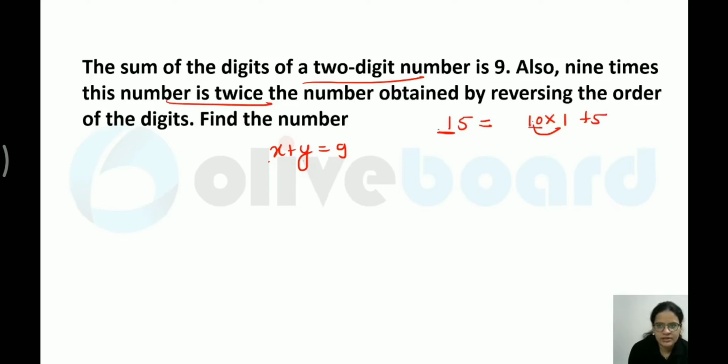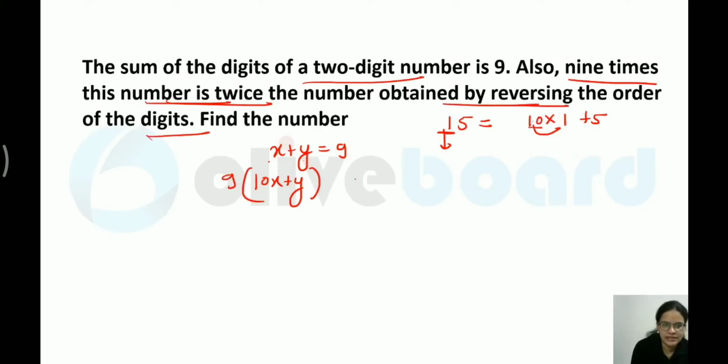Okay, 10, because the place value is 10 over here. So what is your number? 10x plus y. What they have given you, 9 times this number is twice the number obtained by reversing the digits. So that is 9 into (10y plus x).